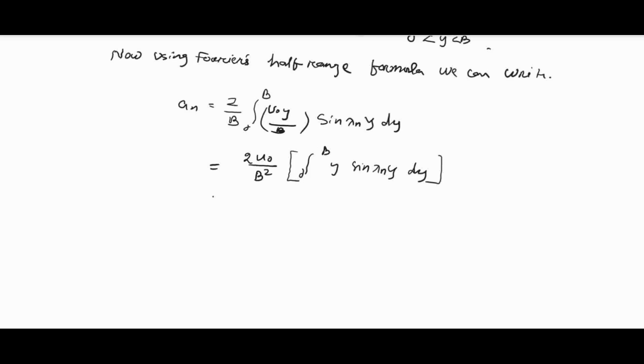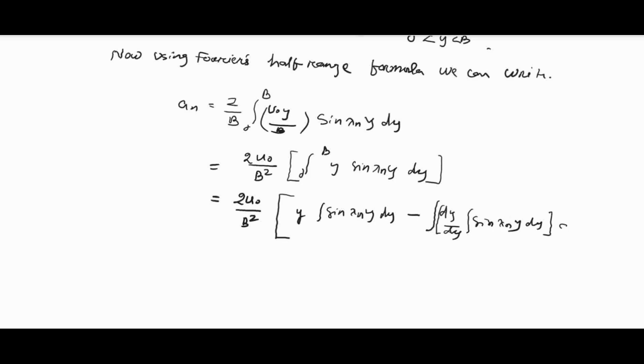So 2u0 by b squared, keep it as it is. This one we can integrate by parts: y times integration of sin(λ_n y) dy, minus integration of dy by dy times integration of sin(λ_n y) dy, bracket closed, and the limit is 0 to b.